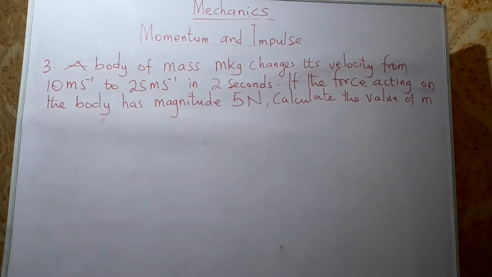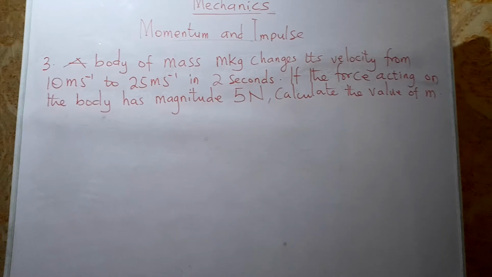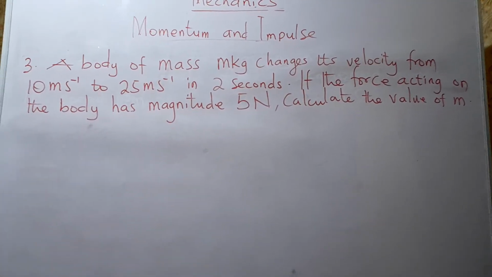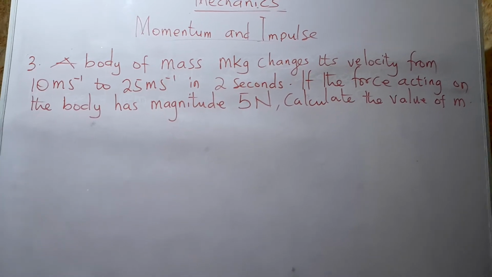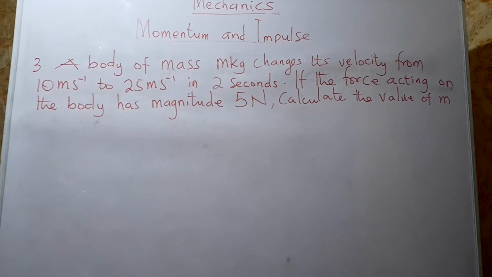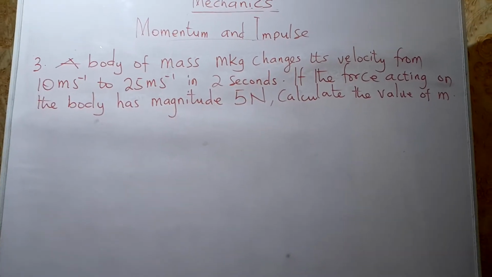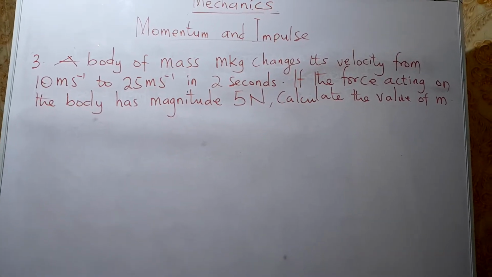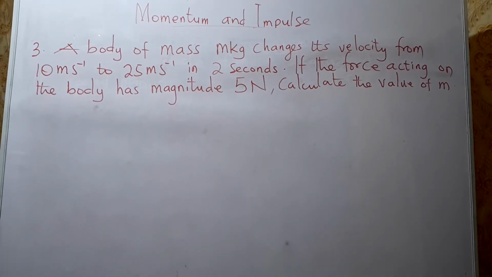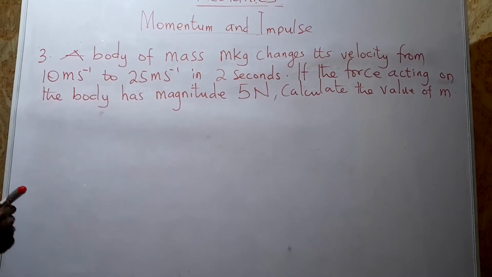So let's see our next question on this. A body of mass m kg changes its velocity from 10 meters per second to 25 meters per second in 2 seconds. If the force acting on the body has magnitude 5 newtons, calculate the value of m. So this is on impulse and momentum again.